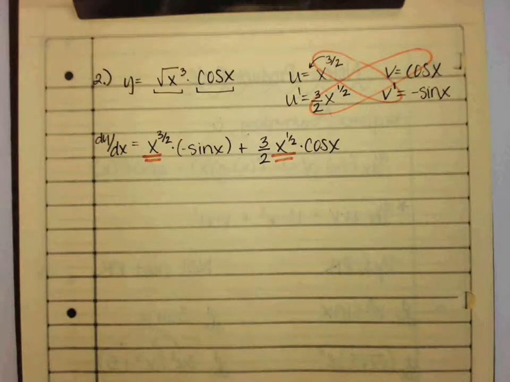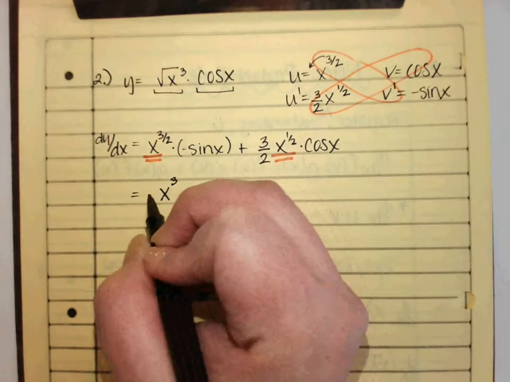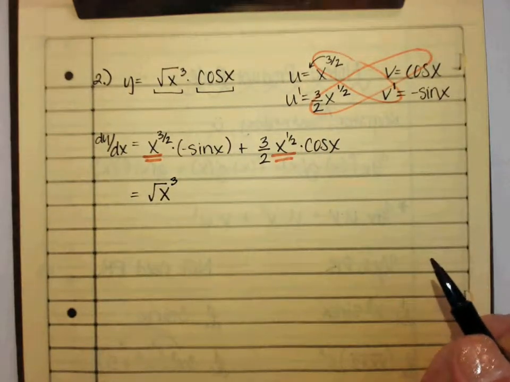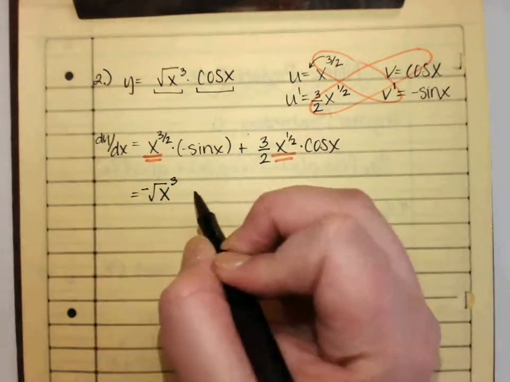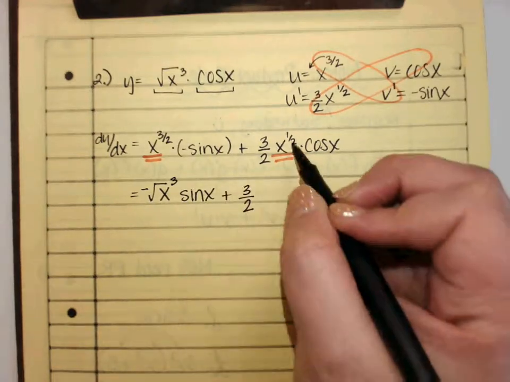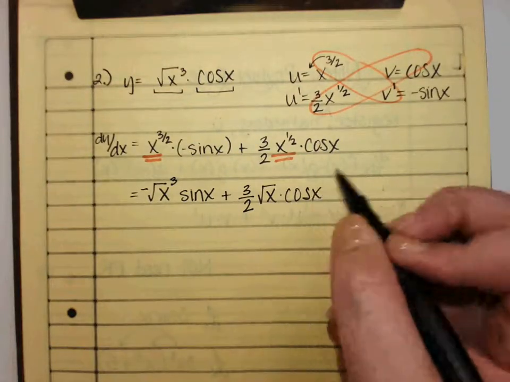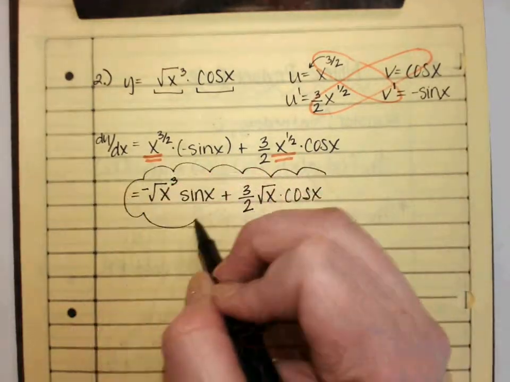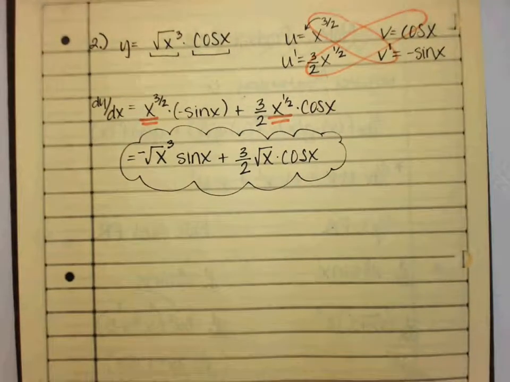So if it's x to the 3 halves, that's the same as what? x is cubed and then square rooted. Also, they're not going to leave this multiplied by negative sine. They just put the negative in the front and then the sine x behind it. Then for my x to the 1 half, that's really just root x times cosine x. Okay, and they'd probably just leave it like that. They probably would not pull out a square root x just because that'd be annoying.